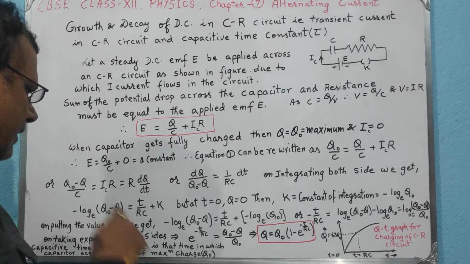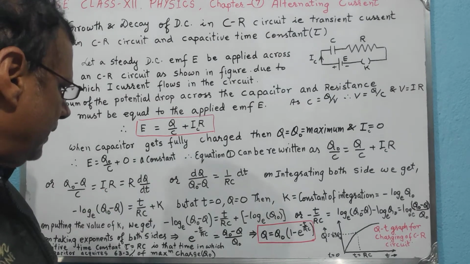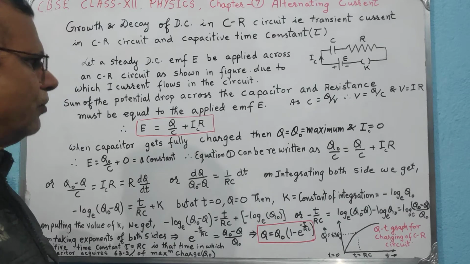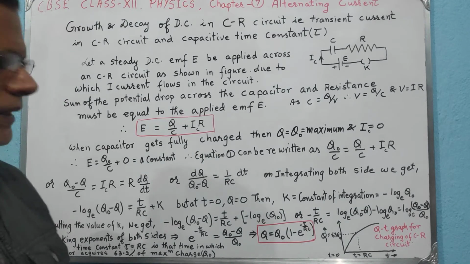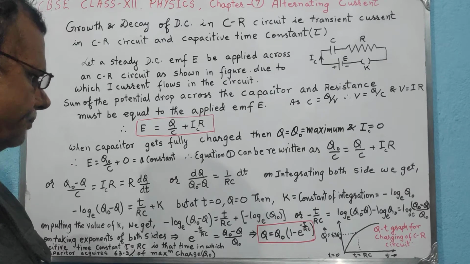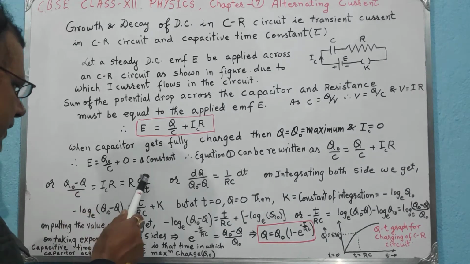That means we can write IC is equal to dQ by dt, where Q is the instantaneous charge deposited on the capacitor.